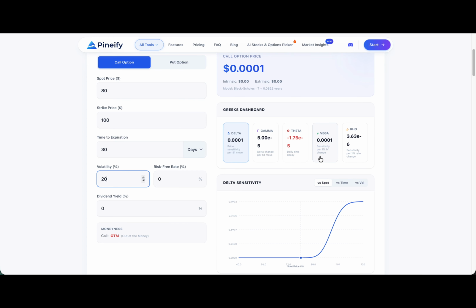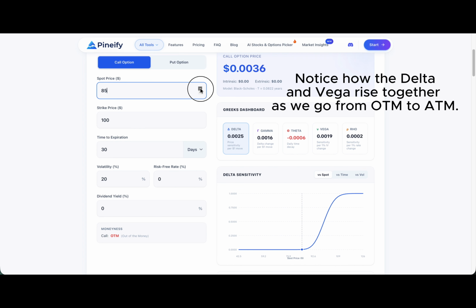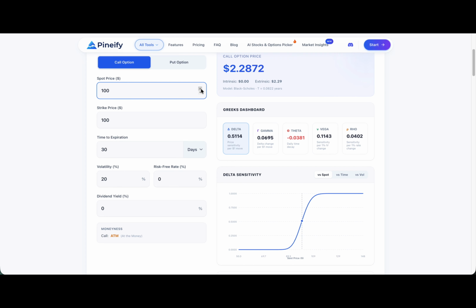And now, if we are going to change here, let's do this progressively. I think it's easier for you to understand. As we now go from being out of the money and the stock starts to rise in value and reaches at the money, you saw that the delta started to increase, all right?